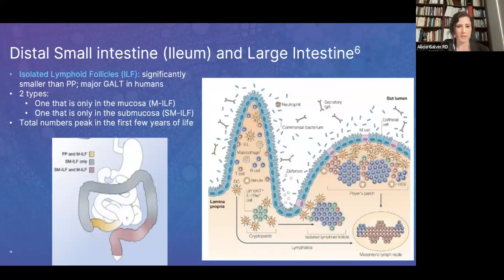Don't get bogged down in the details, but essentially you can see here in the picture that you have mucosal and submucosal isolated lymphoid follicles. So you have some mucosal and the Peyer's patches in that terminal ileum. And then once you get to the ascending, transverse, and descending colon, that's when you get the submucosal ILF, and then you have more of the mucosal and some of the submucosal ILF as you get down to the sigmoid and lower part of the colon.